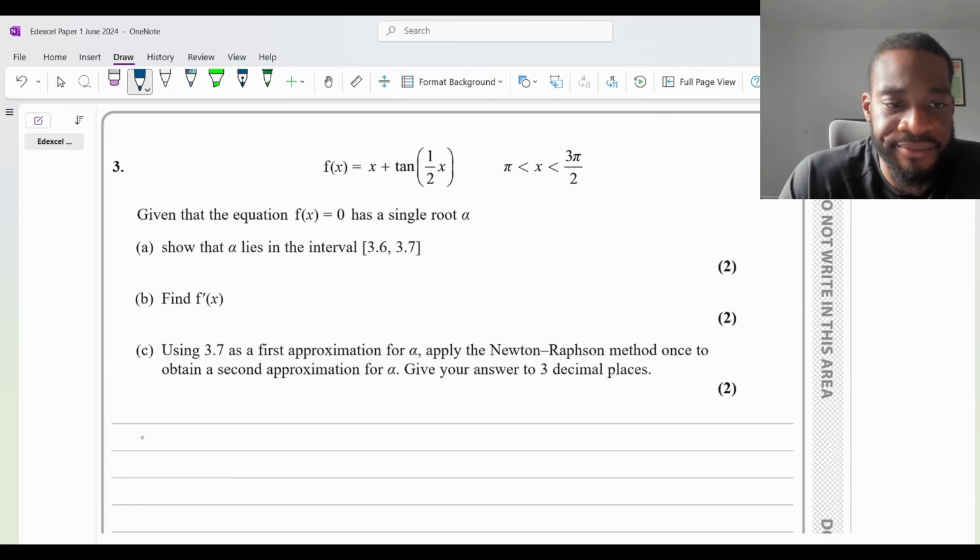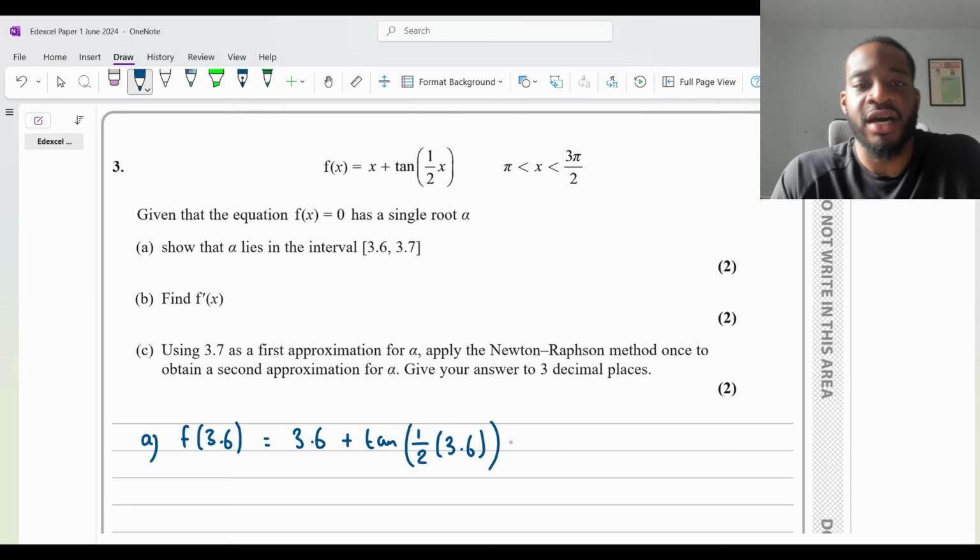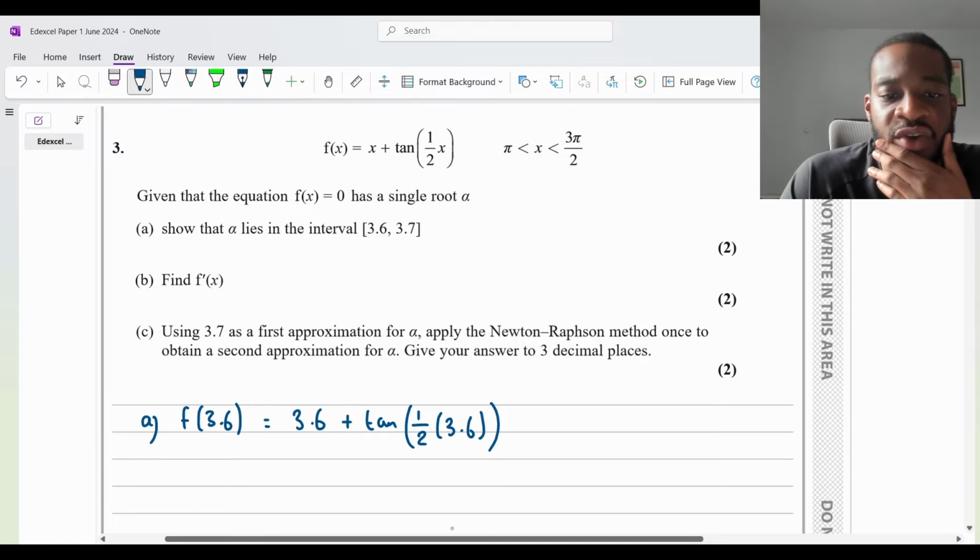So for part A, all we're going to do is plug in f of 3.6 and f of 3.7. So let's plug it in and see what we get. We're going to have 3.6 plus tan of a half of 3.6, isn't it? Like that. So just put this into your calculator. Make sure calculator is in radians as well.